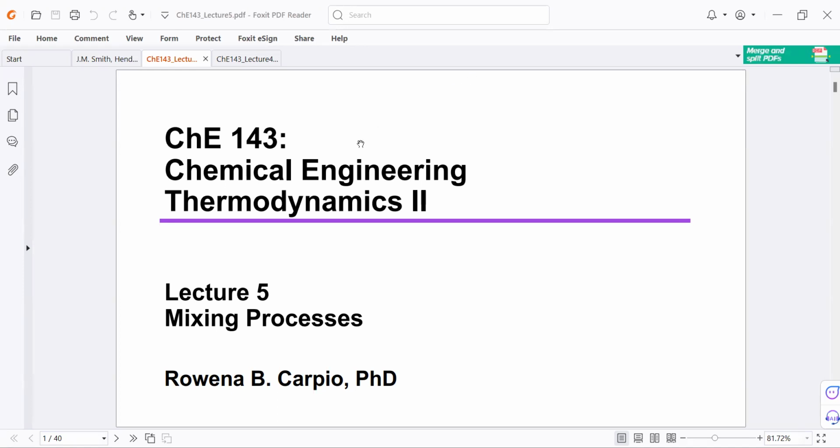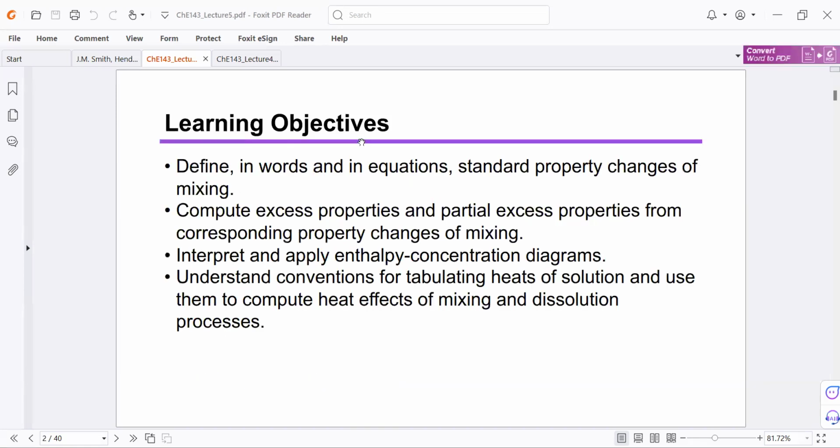Okay, so let's begin by reading the learning objectives. First, define in words and equations standard property changes of mixing. So remember we're under the new topic, mixing processes. Compute excess properties and partial excess properties corresponding to property changes of mixing.